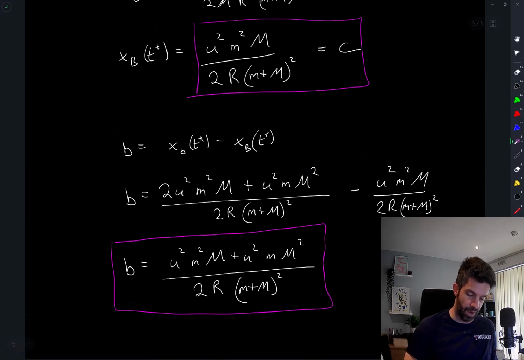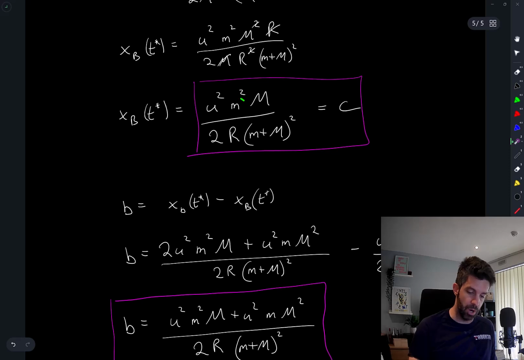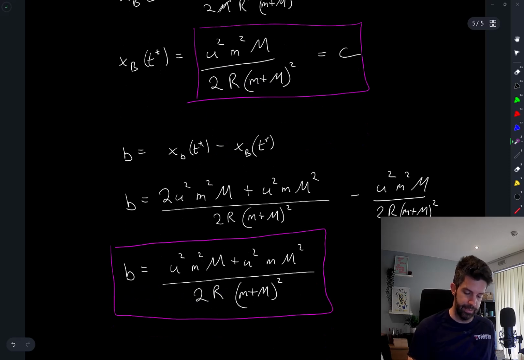As little m goes to 0, obviously nothing moves, like the bullet will stop instantly. This will be 0, and the block will not move at all. Are there any other limits we could take? I don't know.